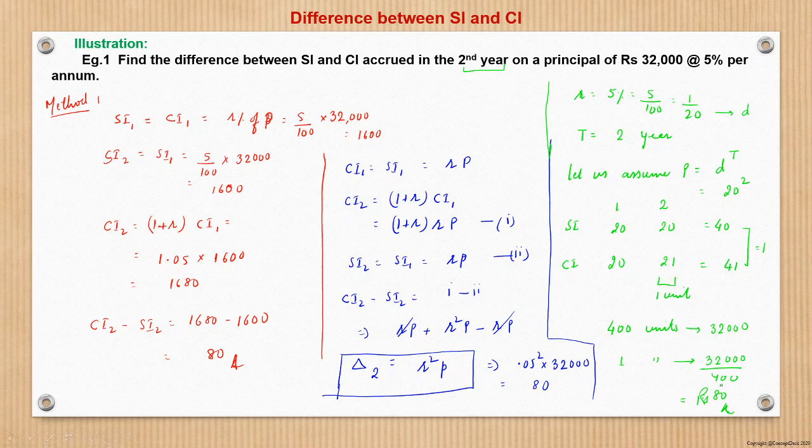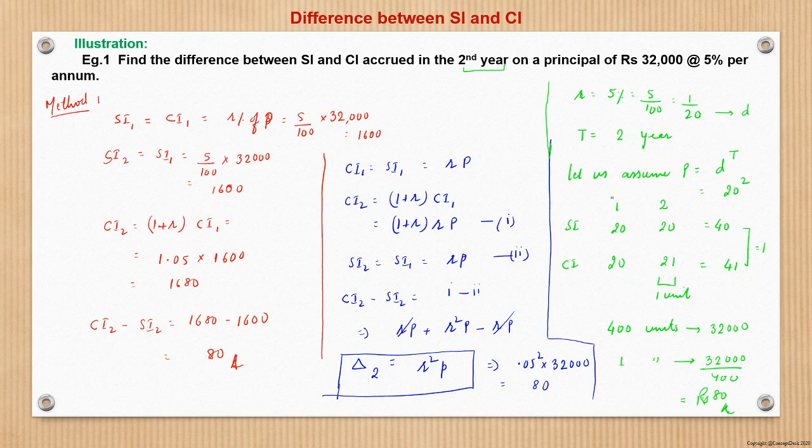This may appear to be a bit tedious, and you may feel that using this formula may be much easier to solve. That is fine, but this method we should know, because it is a very important trick which will come very handy if we solve questions based on the difference of the third year, right? So that is what we have done here.